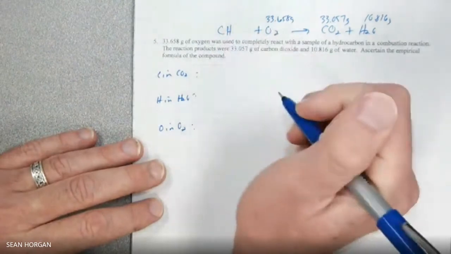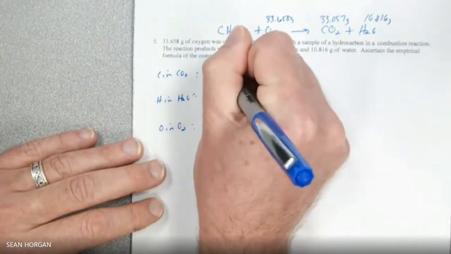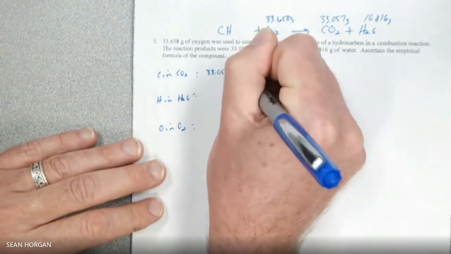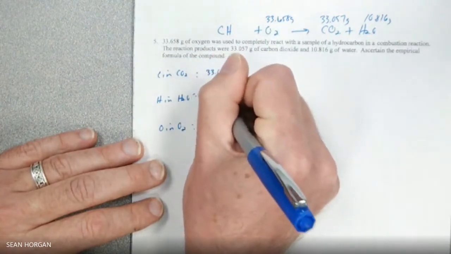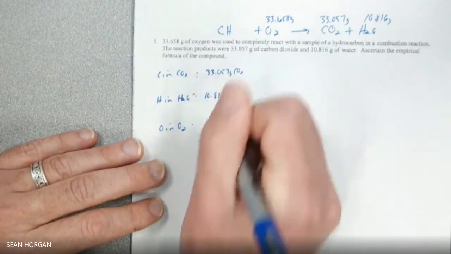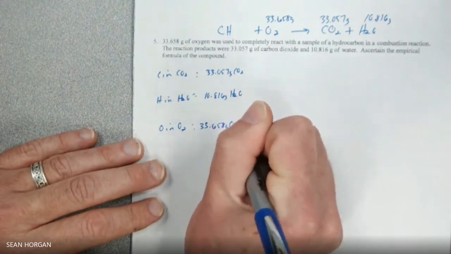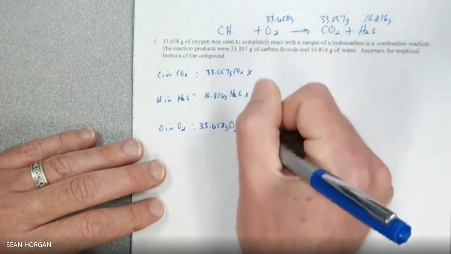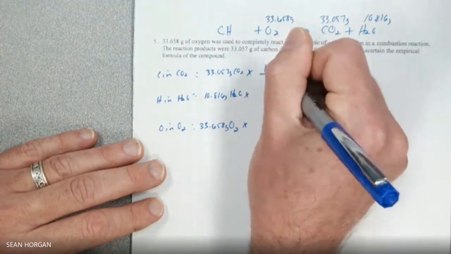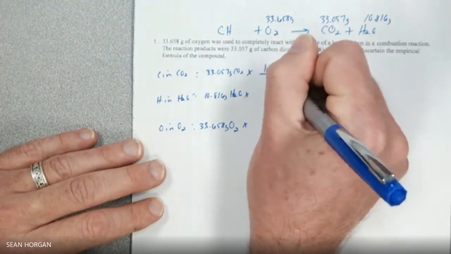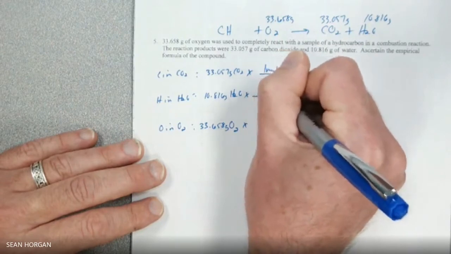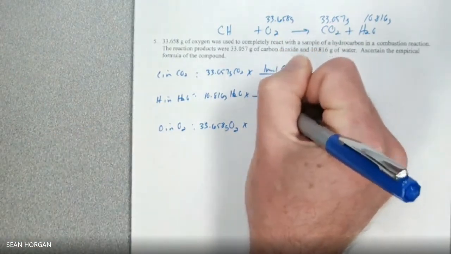Okay, and we have 33.057 grams of CO2. We have 10.816 grams of H2O, and we have 33.658 grams of O2. Okay, we'll convert them into moles. 1 mole of CO2, 44 grams. 1 mole H2O, 18 grams.